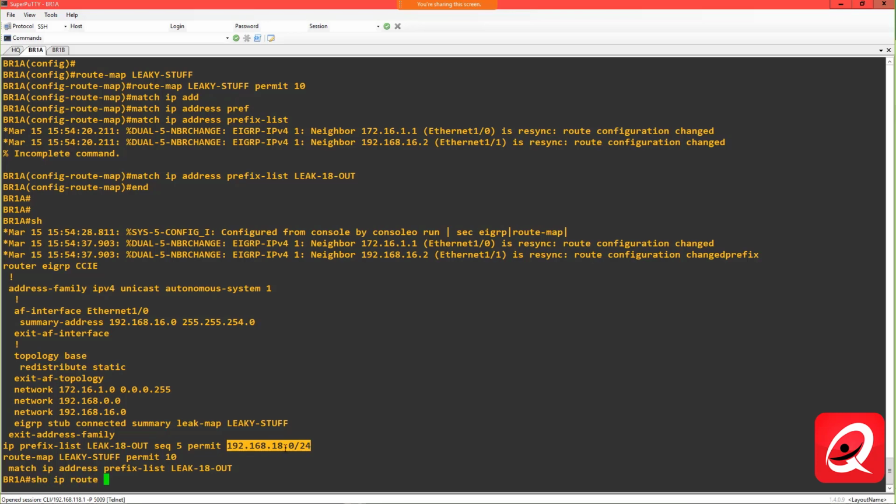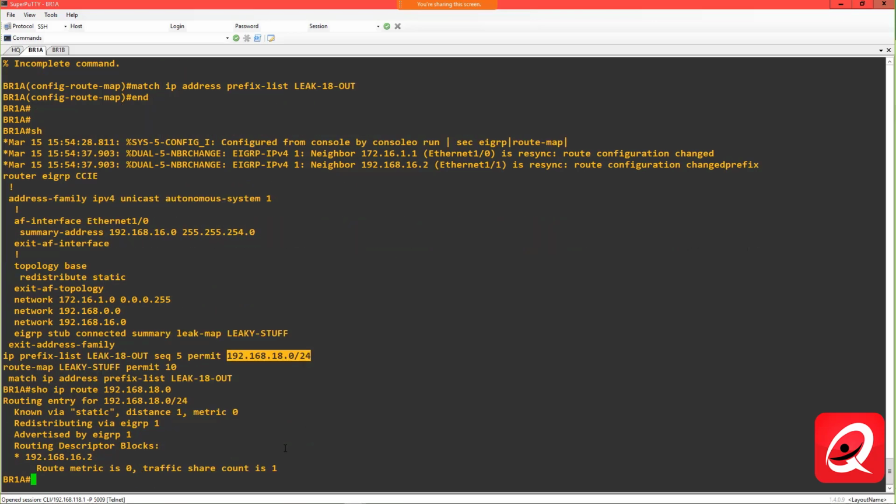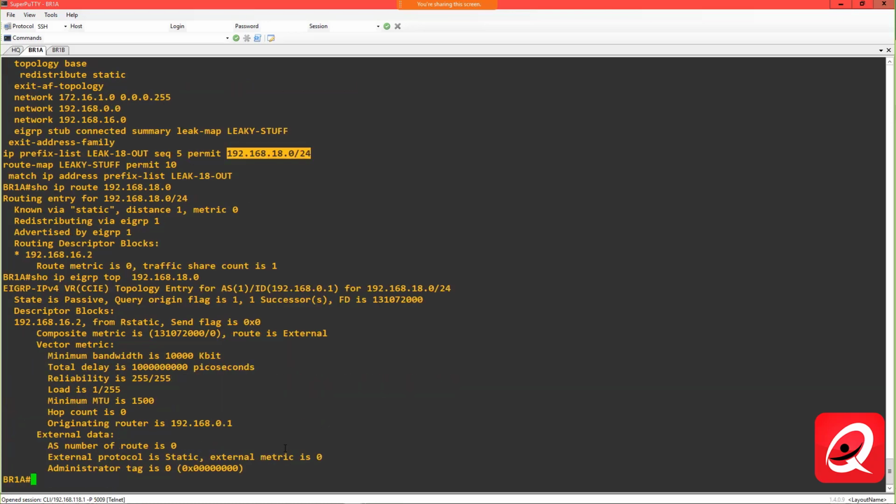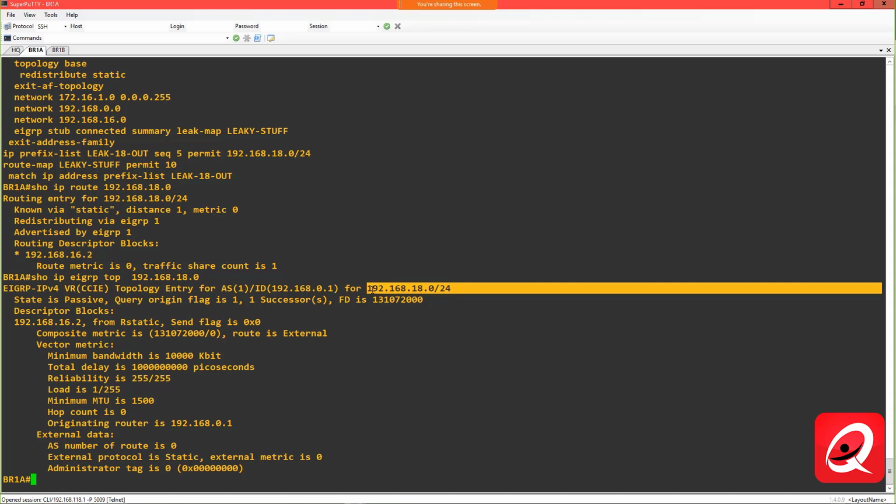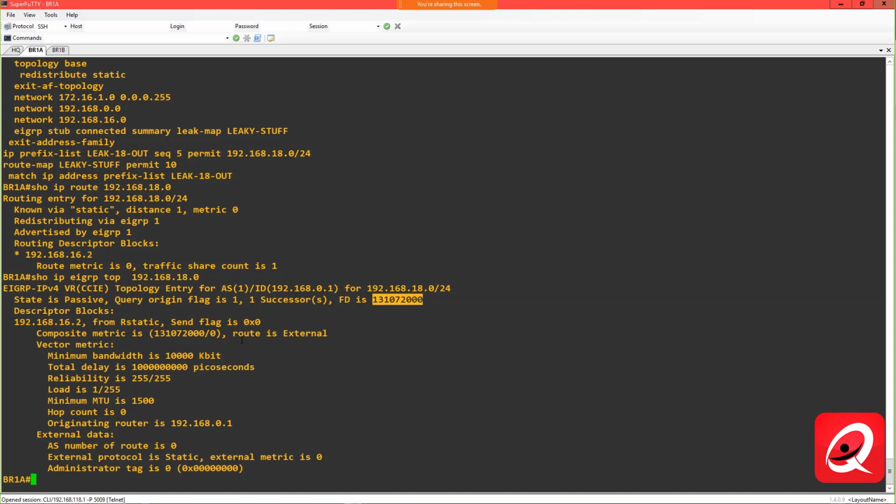Show IP route 192.168.18.0. All right. So it is in as a static route with a /24 prefix. Show IP EIGRP topology 192.168.18.0. And it's definitely in EIGRP as a /24 as well. We can see that right here. It has a valid metric.